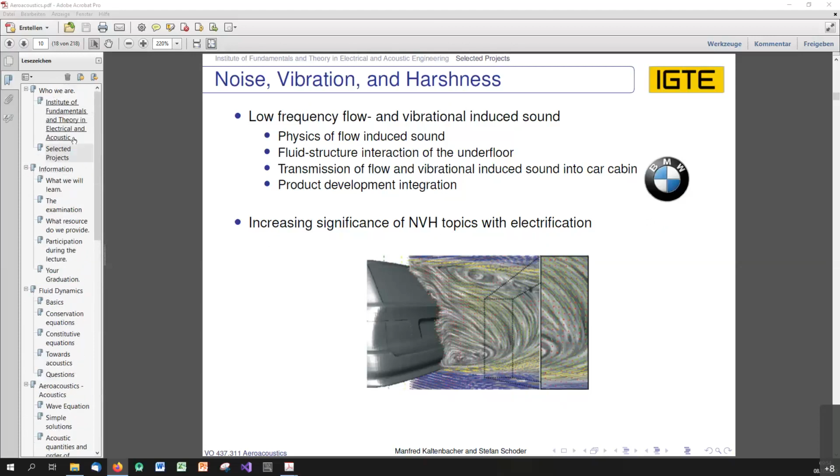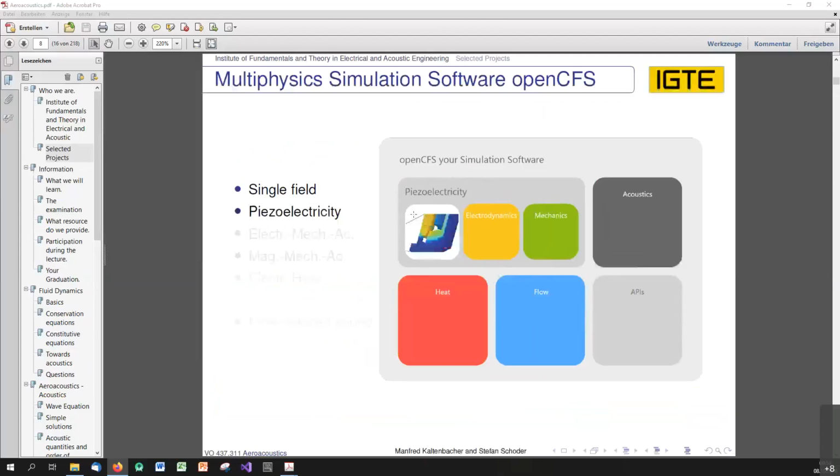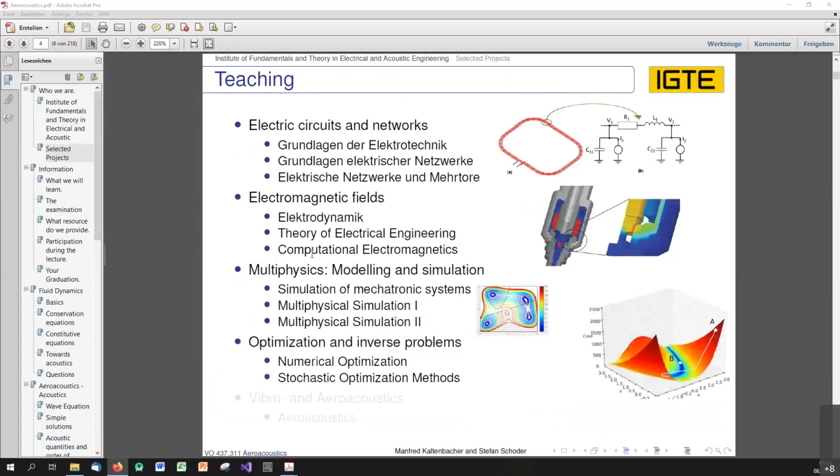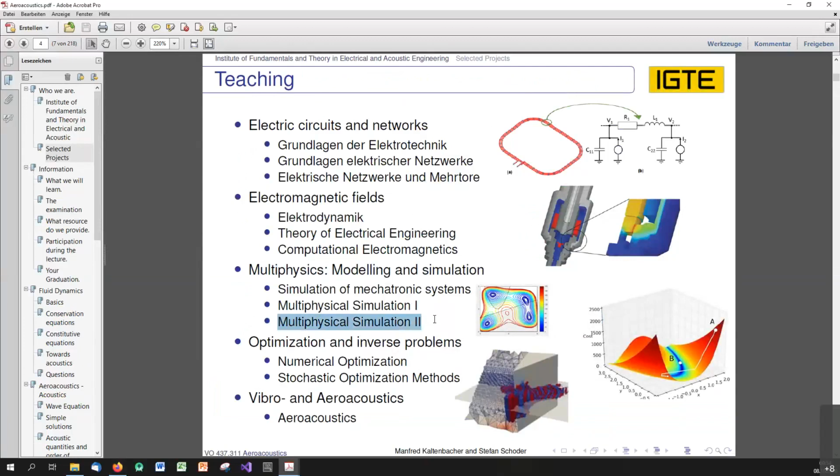Yeah, the multiphysical simulation 2. This year it's called Simulation of Time-Dependent Fields.